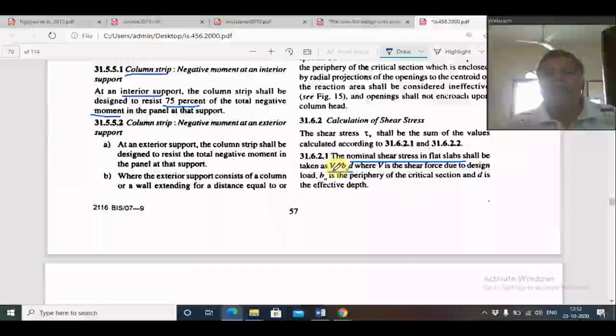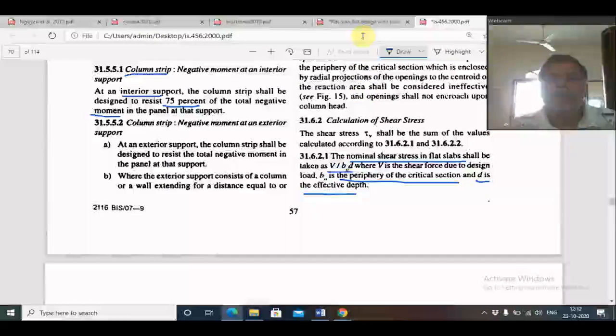We already calculated the V value. b naught is the periphery of the critical section, that is the perimeter. I already calculated that value. Again d is the effective depth. So I used this formula to calculate the nominal shear stress.